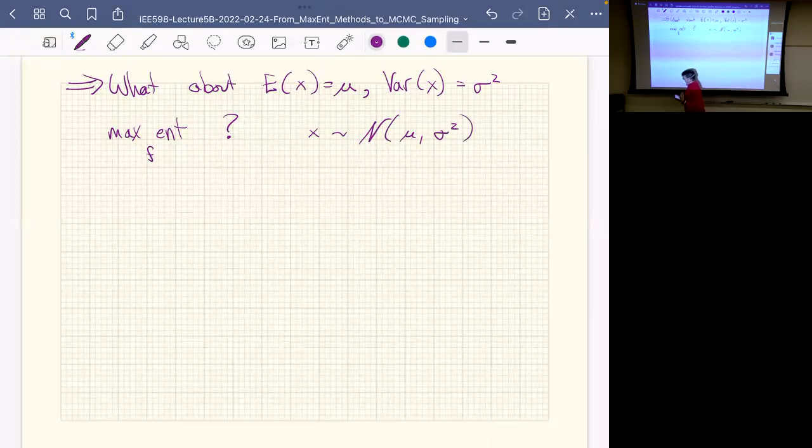There are central limit reasons why we often use the normal distribution, but there are also entropy-based reasons. The normal distribution is the least biased way to model data when your data has only been given to you with a mean and a variance. That's the most honest way to deal with that.